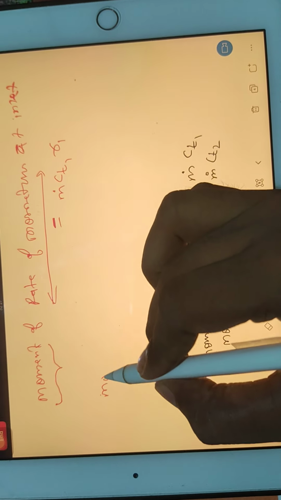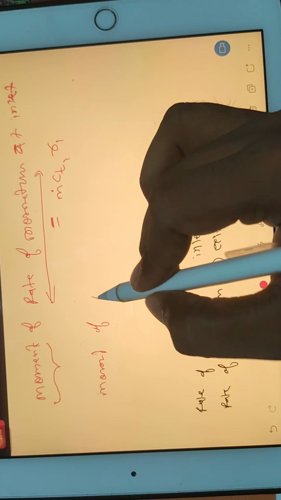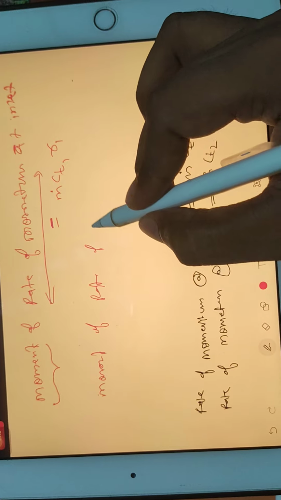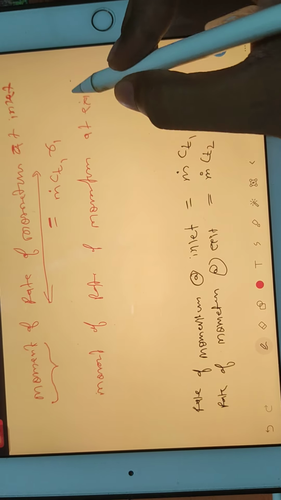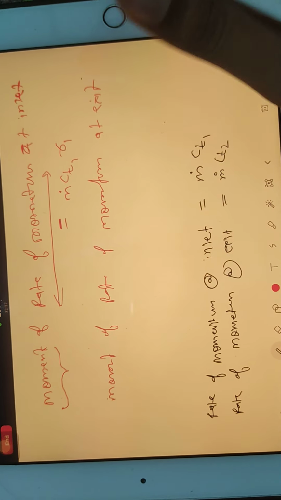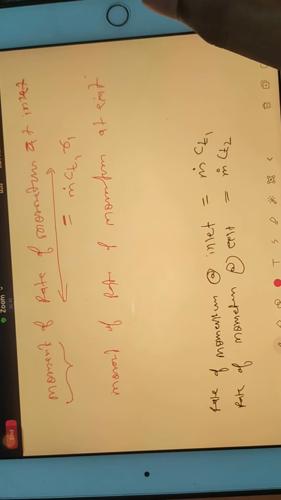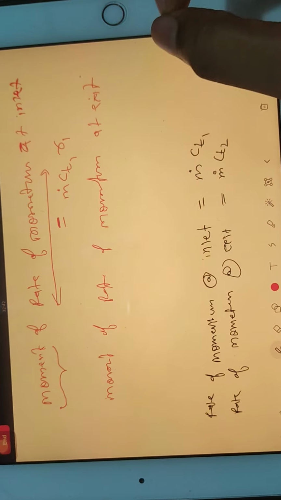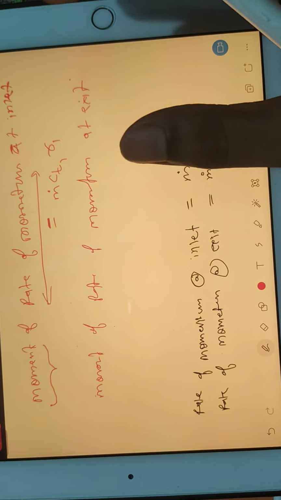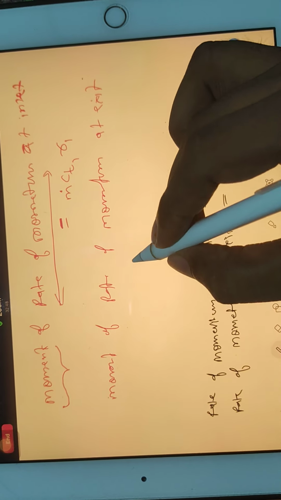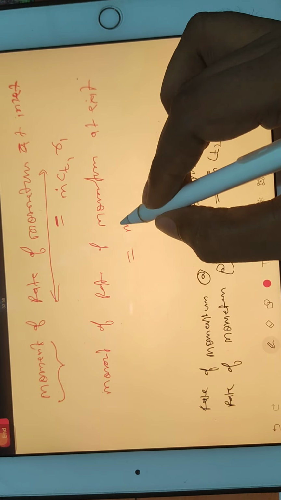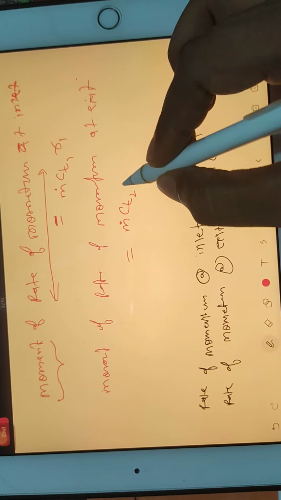In the same way you find out moment of rate of momentum at exit. Guys, right now we are doing basics of turbo machine. We have not started AFC yet. We are about to start AFC after development of this basic idea. Now that is nothing but m dot ct2 r2.